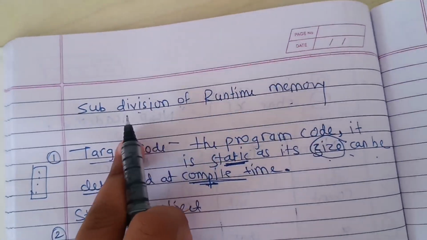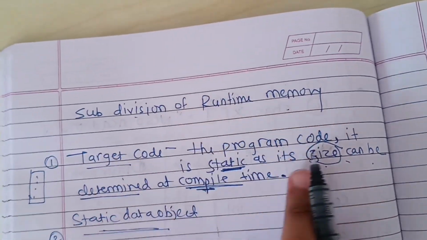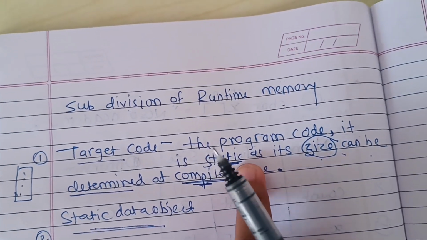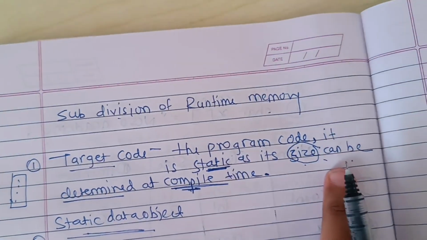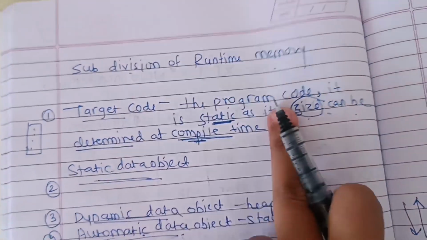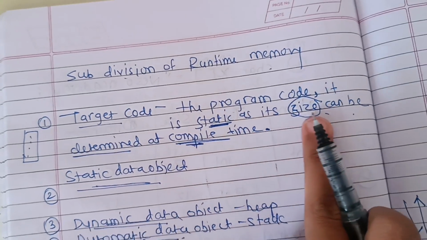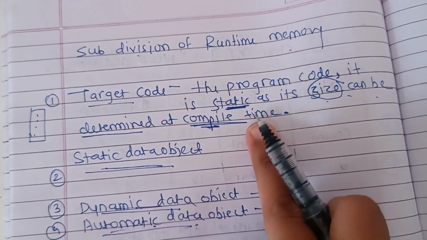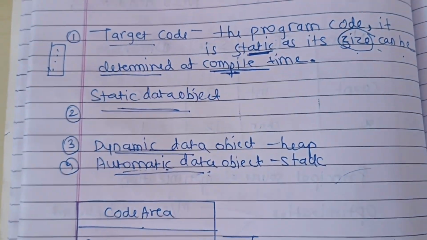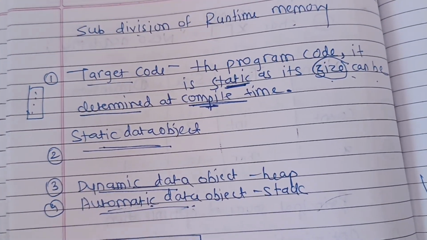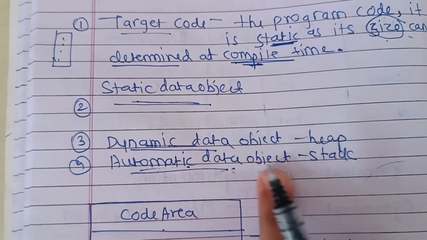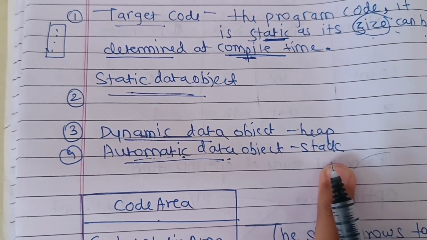Of these four, target code has program code which is written statically, and its size is determined at compile time. Now the static data object has the basic objects, it does not have recursion or heap. But in dynamic data objects, heap can be stored. In automatic data objects, stack can be stored.